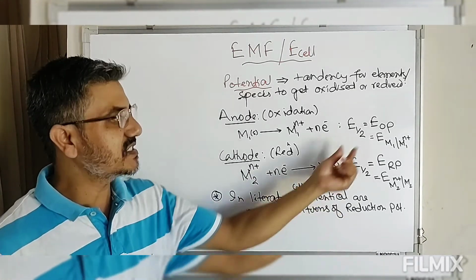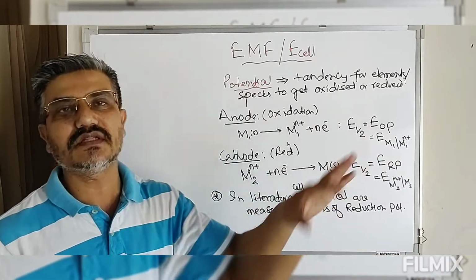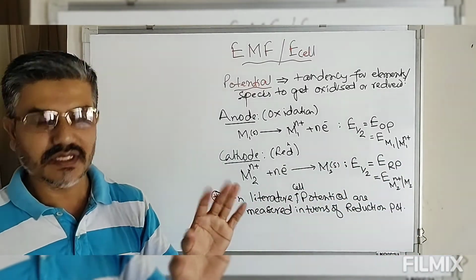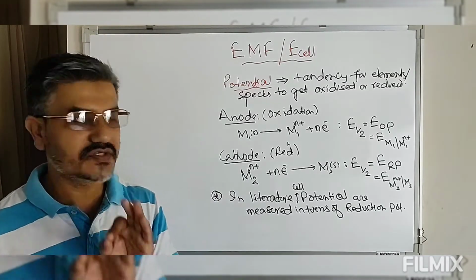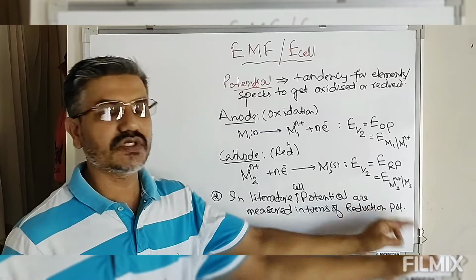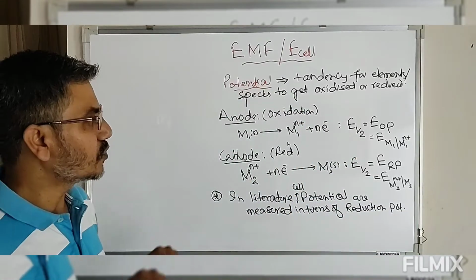But if it is specifically mentioned that this is oxidation potential, then that is a different thing. Unless mentioned, all the reported values of cell potential are measured in terms of reduction potential. So now look at this.